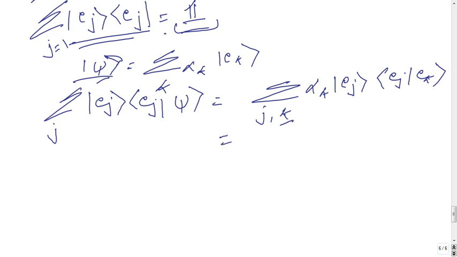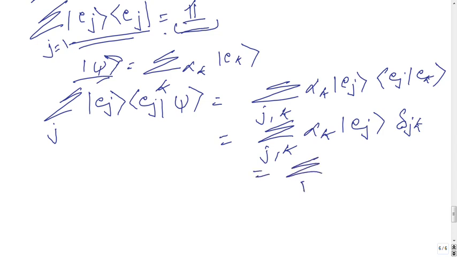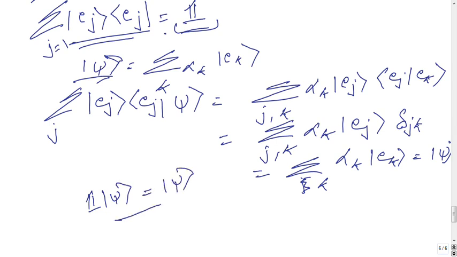And like any orthonormal basis, the definition of an orthonormal basis is given by the inner product of E_j and E_k equal to the Kronecker delta_jk. So you can write the sum over k of alpha_k E_k, which is nothing but psi, which satisfies the defining property of an identity operator, that is, when it operates on any vector psi, it gives us the same vector psi.